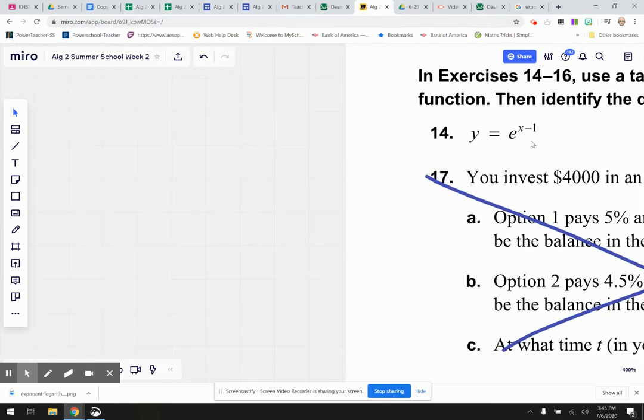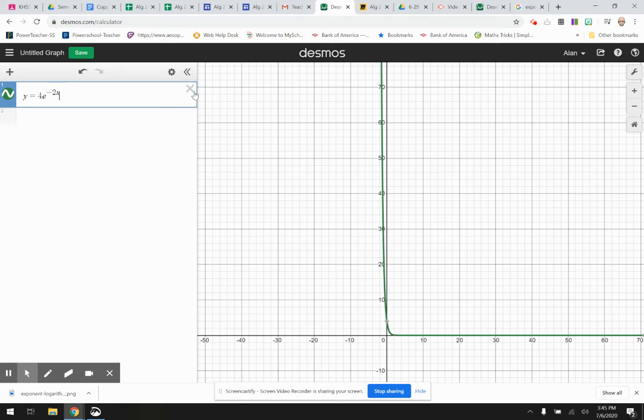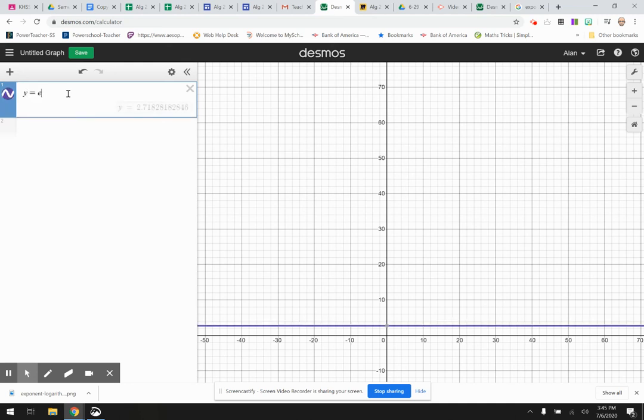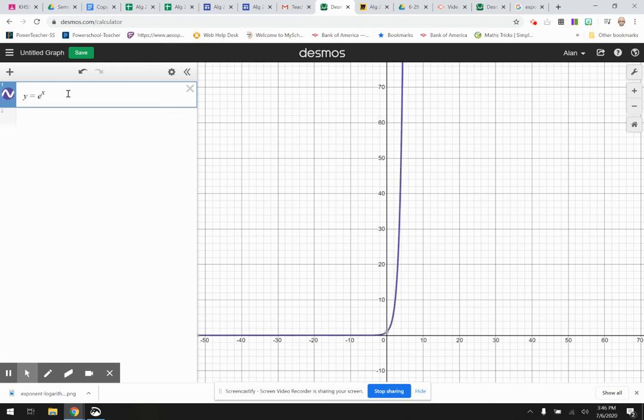Okay, so let's go to Desmos and type that in. Y equals e to the x minus 1 power. Oops, I need that. It's not putting it up there, is it?